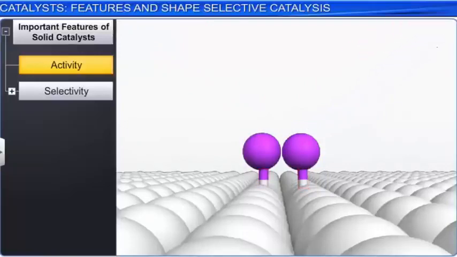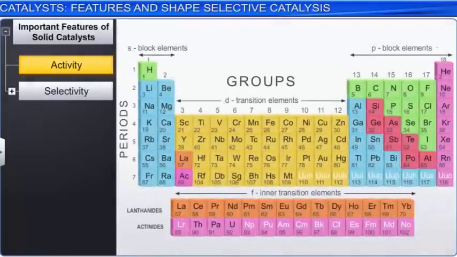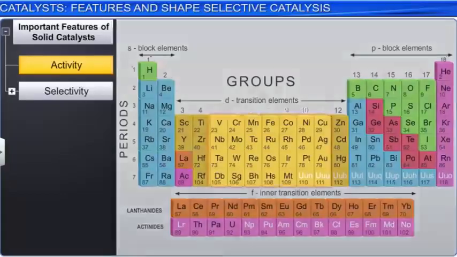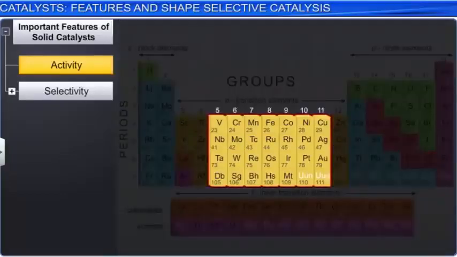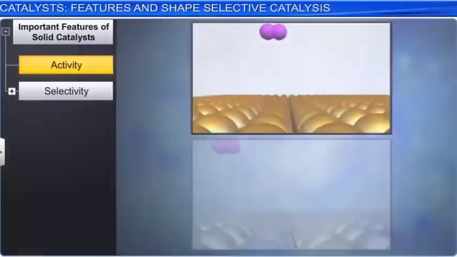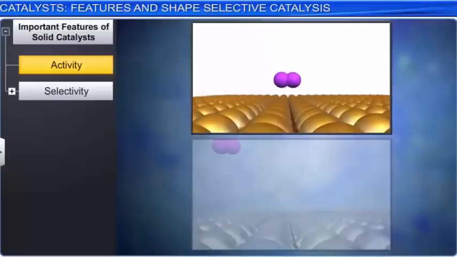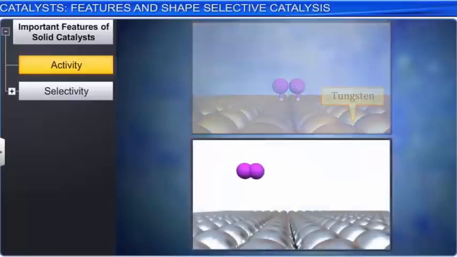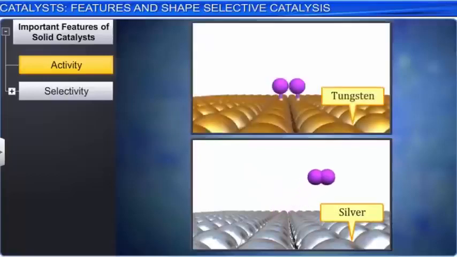For hydrogenation reactions, it has been observed that the catalytic activity increases from group 5 to group 11. For example, the adsorption of hydrogen onto the surface of tungsten tends to be too strong, while its adsorption onto silver is too weak, making them both less useful as catalysts for hydrogenation as compared to nickel or platinum.